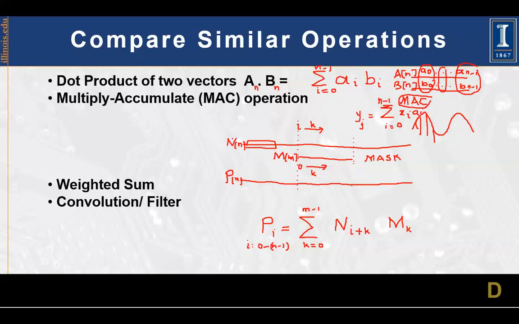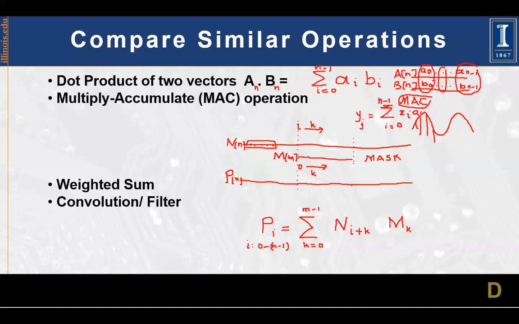There are some values of the basic signal or data, which is this N. These are the values already here, let's say 5, if the filter size was 5.